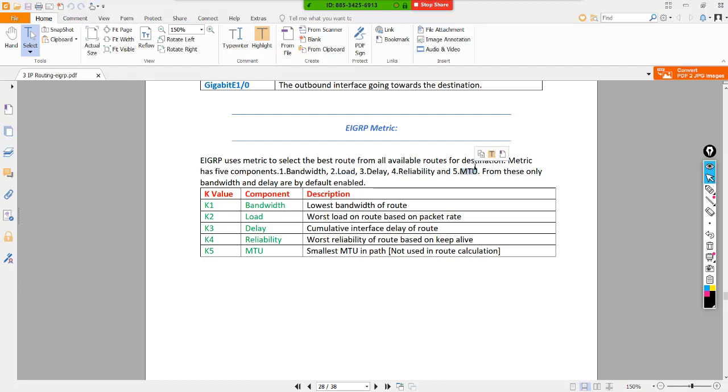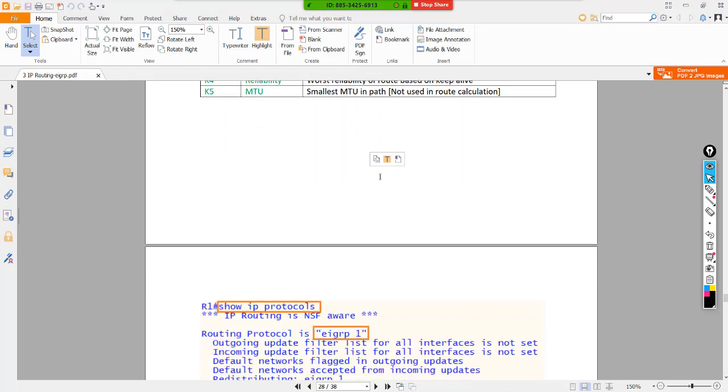Ignoring in the sense we assume these are the same throughout the topology. So we just consider bandwidth and delay. Delay is nothing but the time it takes for the packet to switch from router 1 to router 2.